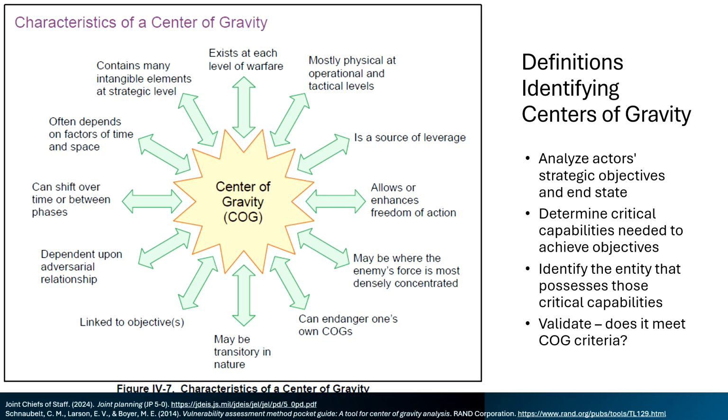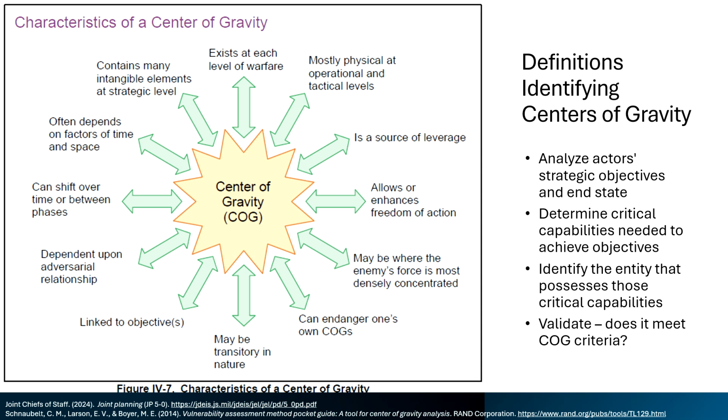To identify a center of gravity, we start by understanding what the adversary is trying to achieve. What is their strategic goal? What end state are they working toward? Once we understand that, we ask what enables them to succeed. What single source of strength, capability, or influence is most essential to achieving their mission?